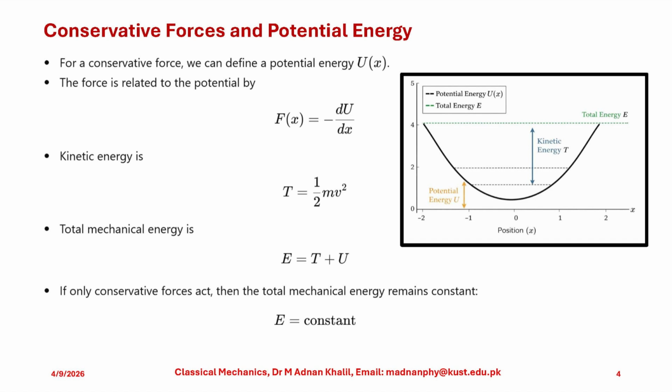The vertical separation between the energy line and the potential curve represents kinetic energy. So, at any point, part of the total energy is stored as potential energy and the rest appears as kinetic energy. This shows how energy is shared during the motion.